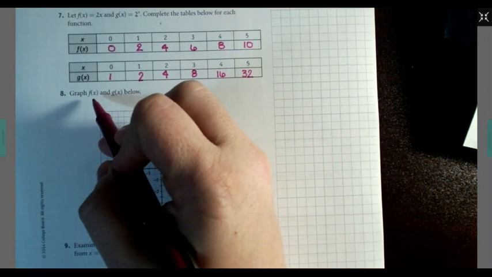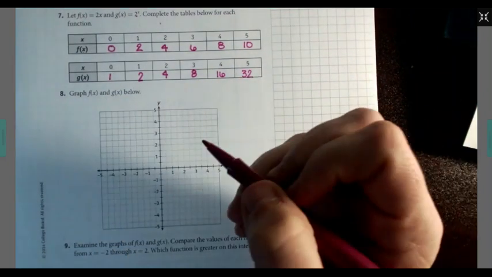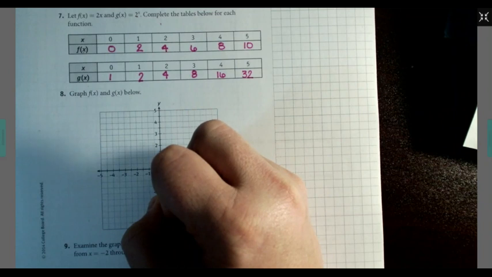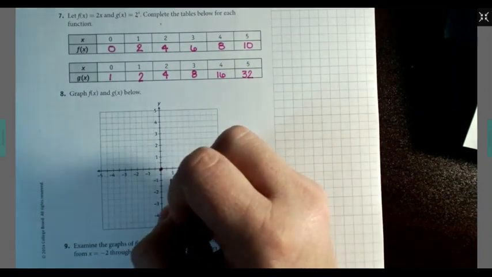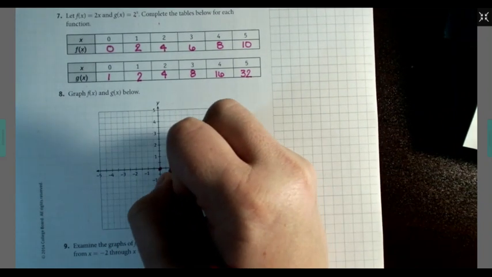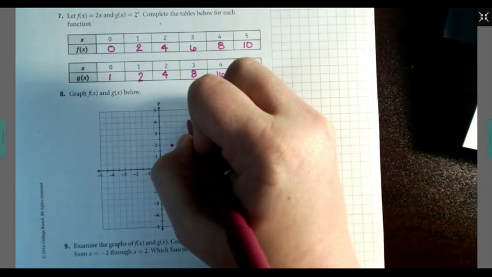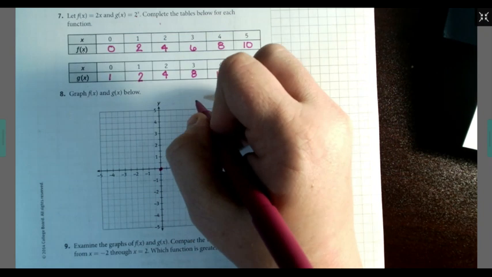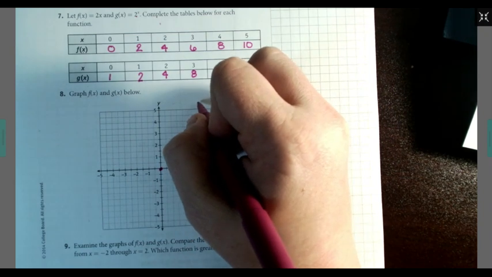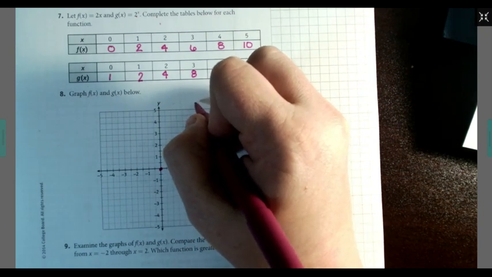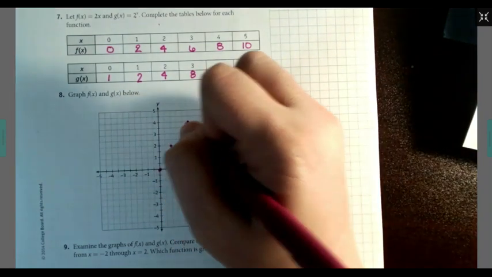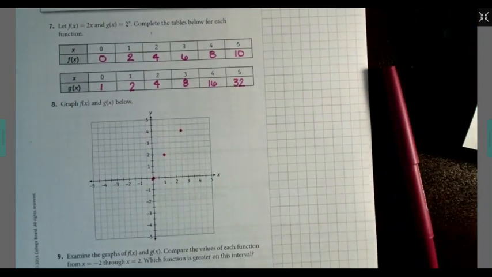It says graph f of x and g of x below. So we're going to start by graphing f of x. 0, 0, 1, 2, 2, 4, 3, 6 would be, I grabbed that too far over.